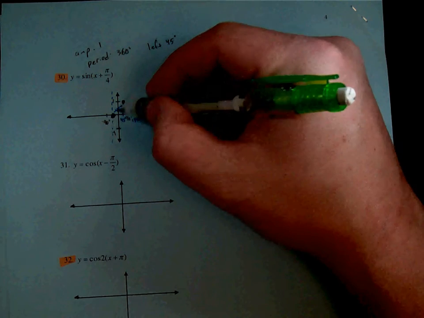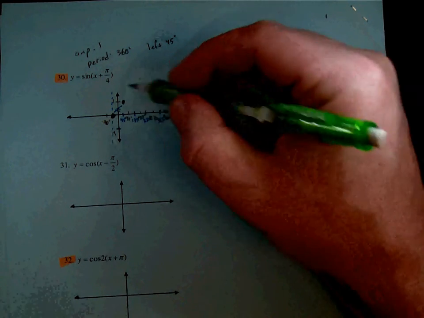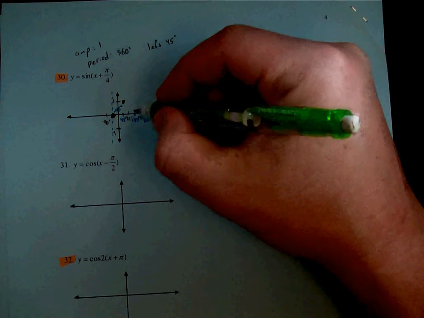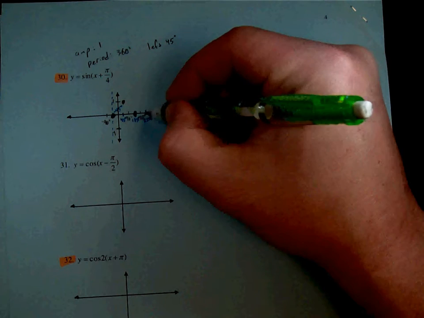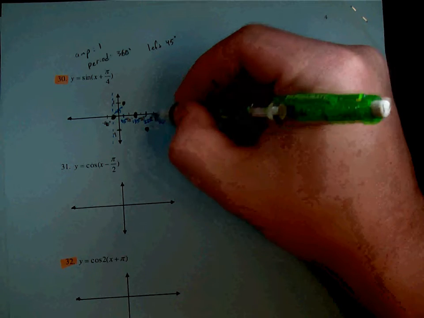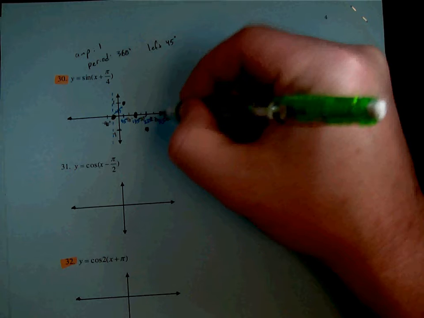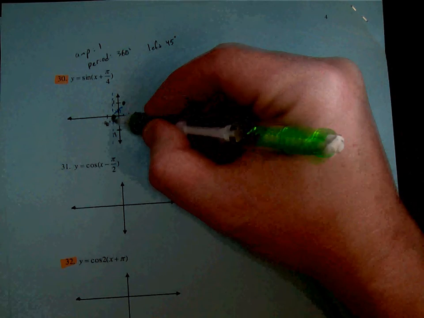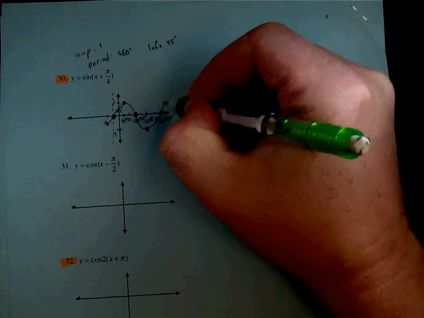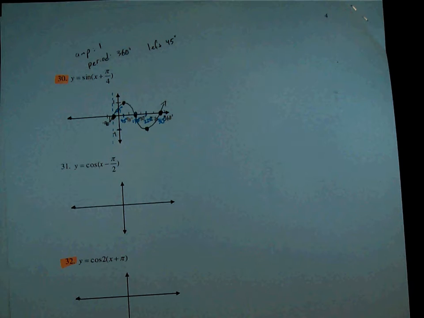It's kind of shifted, so they're not technically quadrantals, but they will be when I plug it in here. So my next one is 135. That'd be back to the midline. Then at 225, I'm down at the minimum at -1, and by my 315, I'm back up to the midline for my complete period. And so there's my picture.